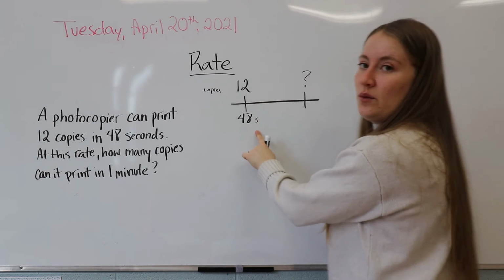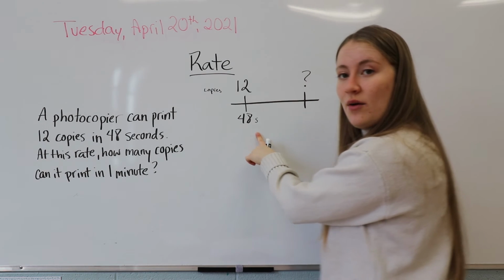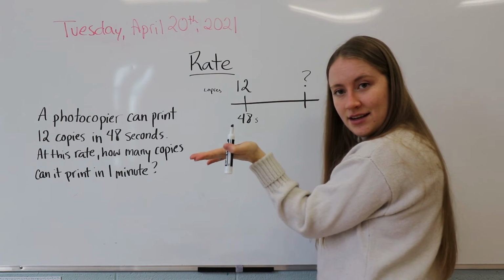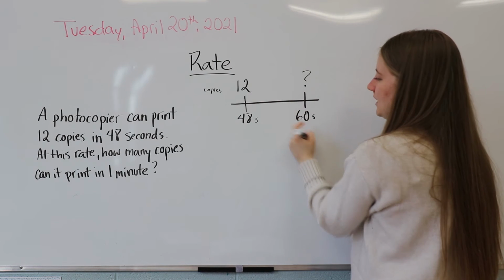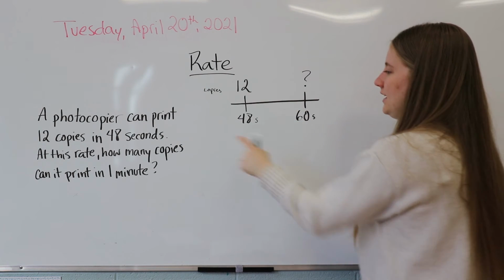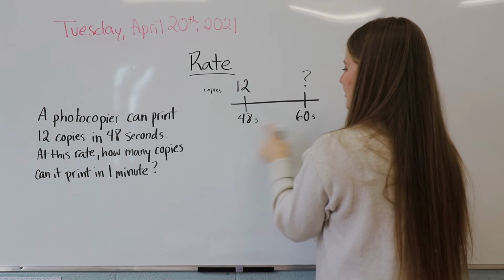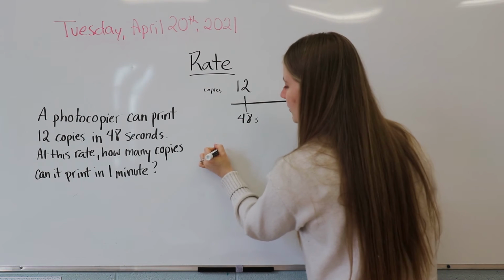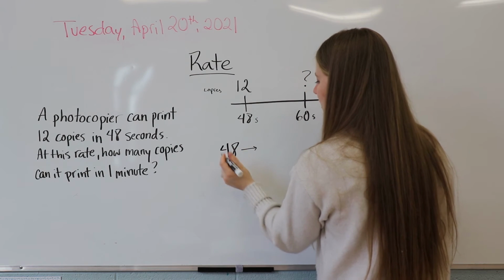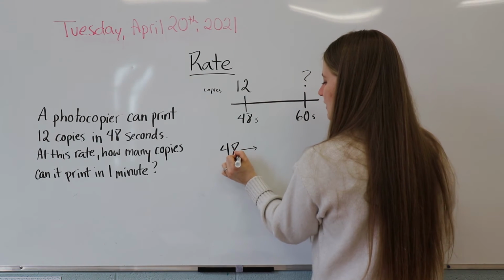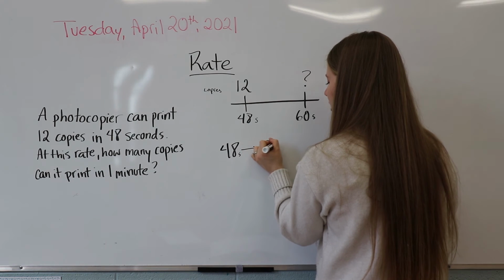Okay, and we want to keep the values the same. So we know that a minute is how many seconds? 60. Okay, so it's asking us for the value of 60 seconds. And again, because we have 2 values for seconds, we're going to put that on the left of our arrow diagrams. So 48 seconds is 12 copies.